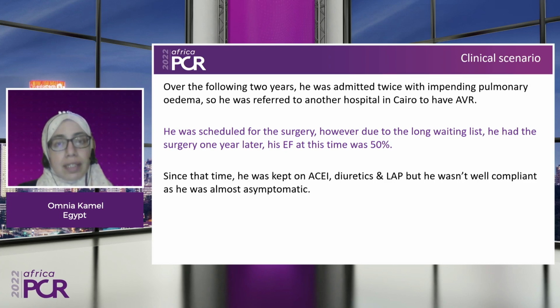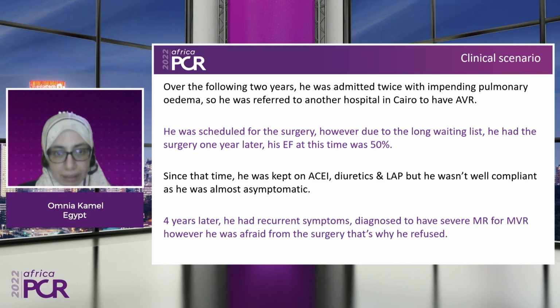After the surgery, the patient was kept on anti-failure treatment, but he was not well compliant as he was almost asymptomatic. After 4 years, the patient had recurrent symptoms and was diagnosed at this time to have severe mitral regurgitation for mitral valve replacement, with a well-functioning aortic valve prosthesis.